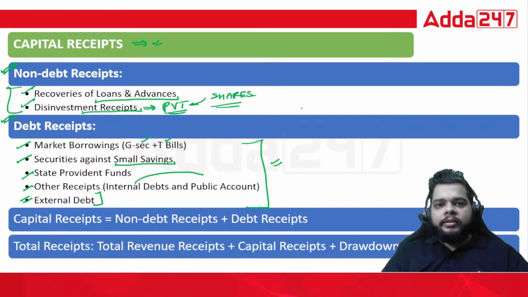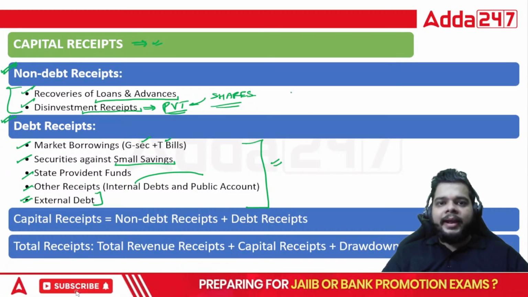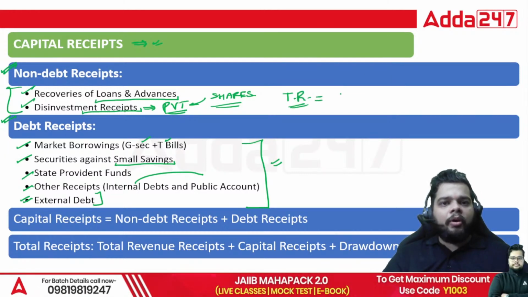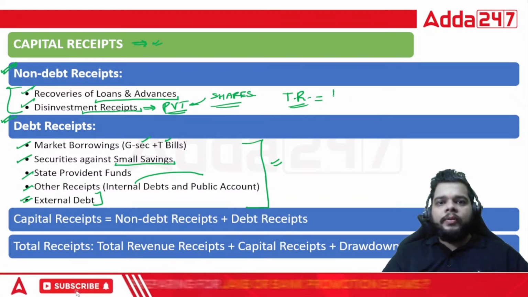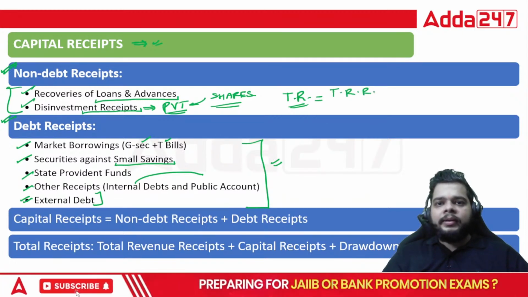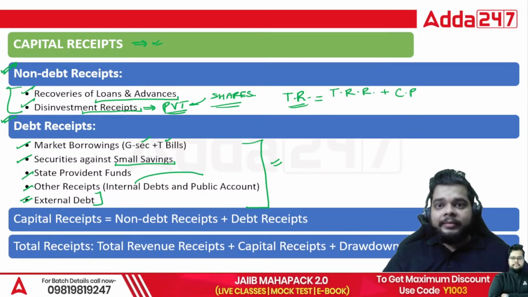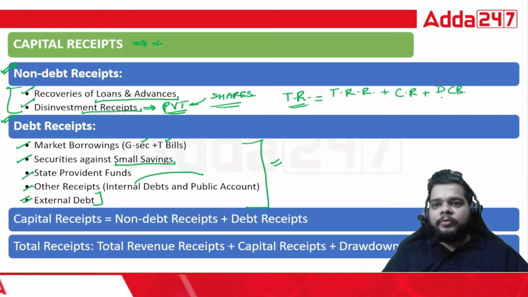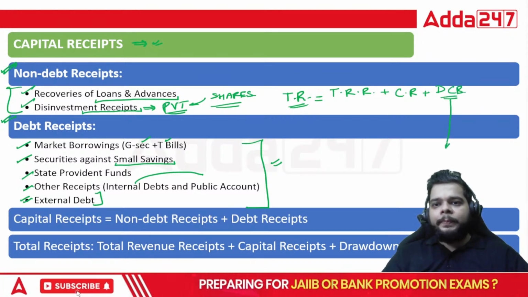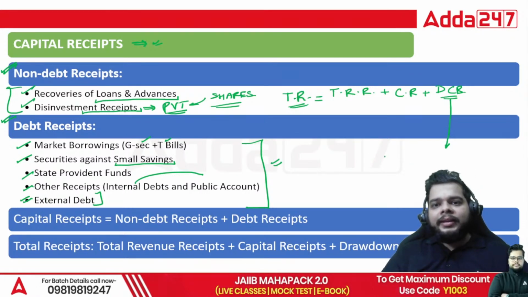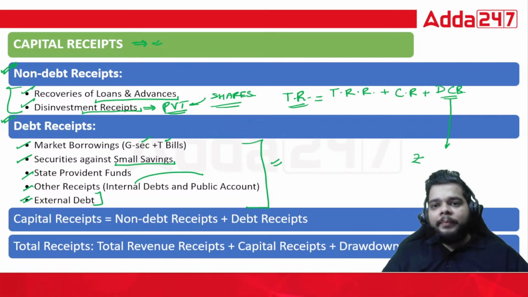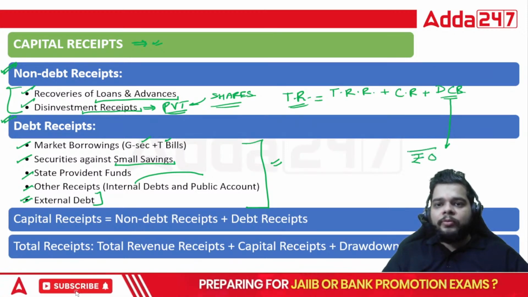And for the sake of simplicity, let's try to understand the total receipt as well. So total receipt will be what? The entire receipts, whether from the revenue account or capital account. So it will be total revenue receipt plus the capital receipt plus your drawdown of cash balance, known as DCB. What is this DCB? Whenever a budget is being presented in the parliament, do you think that at that moment the government will have 0 rupees in its kitty?